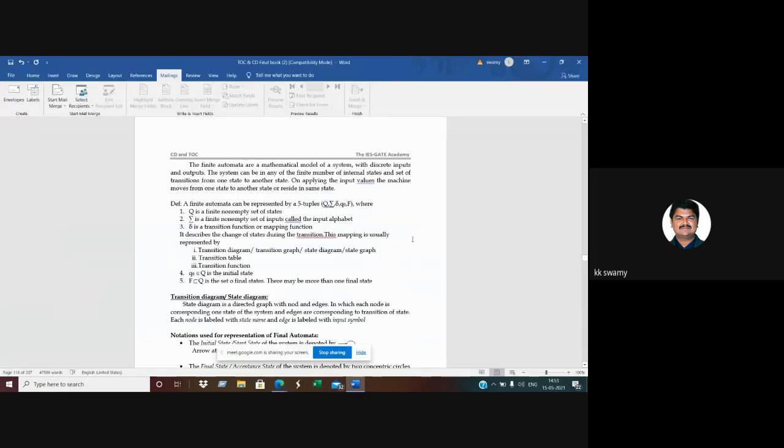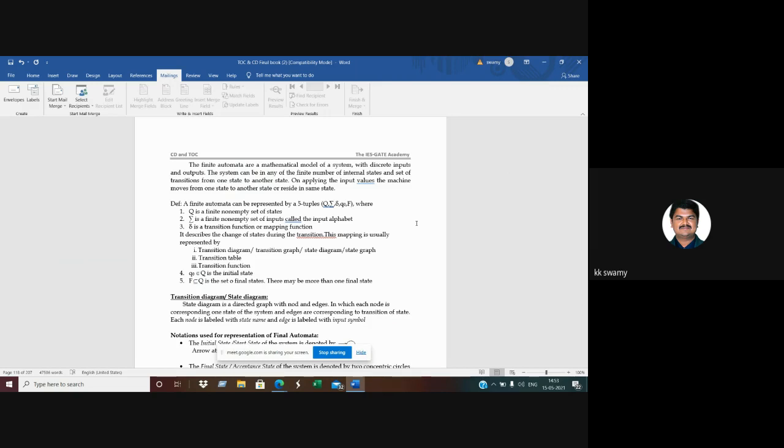Okay, that's why overall the definition for finite automata is that it can be represented by the 5 tuple notation, where Q is a finite and non-empty set of states, and sigma is a finite and non-empty set of alphabets.